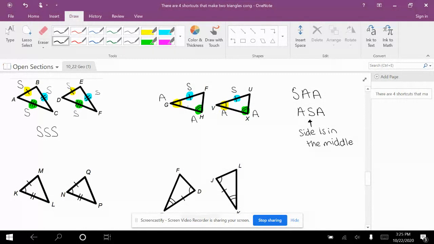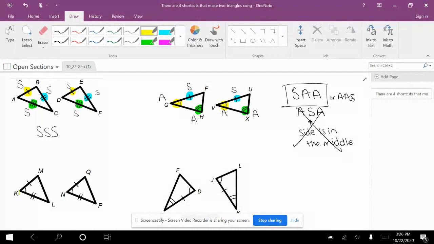The side that's marked is not here. La marca para el lado no está aquí. Entonces sabemos la S, el lado, no está en el medio. So because the side is not in the middle of the angles, we know that this is our answer. Side, angle, angle, or angle, angle, side.